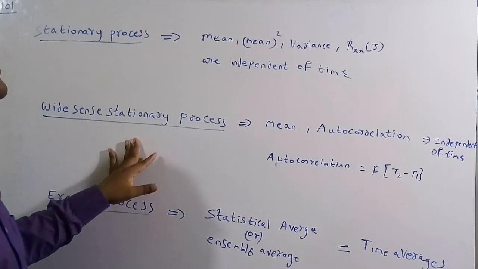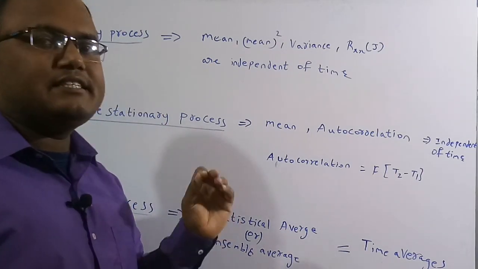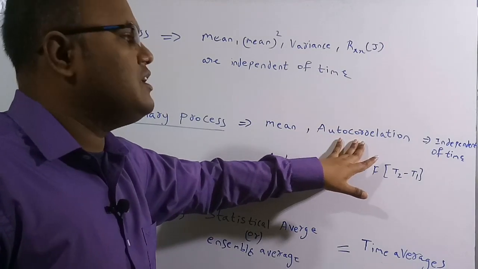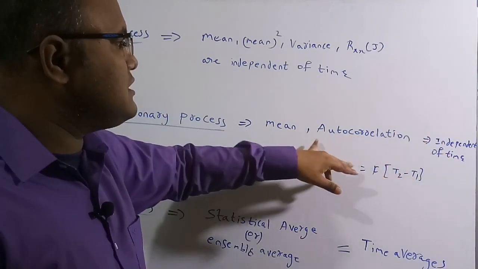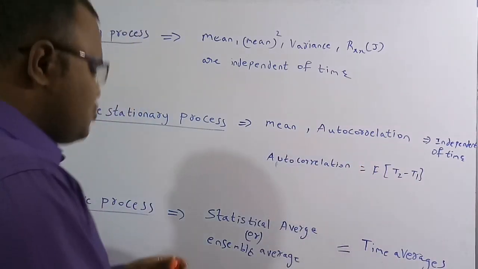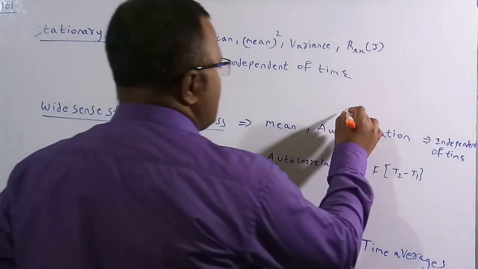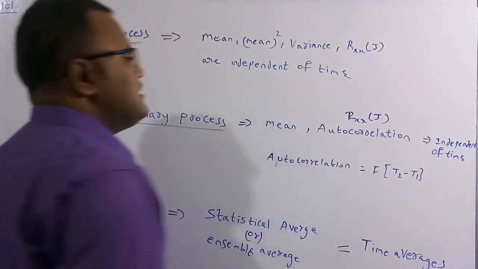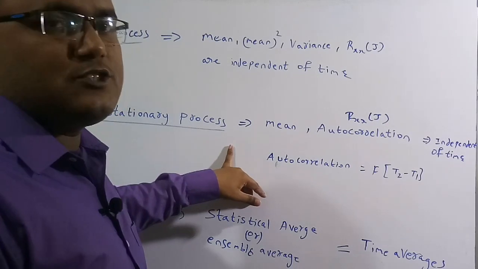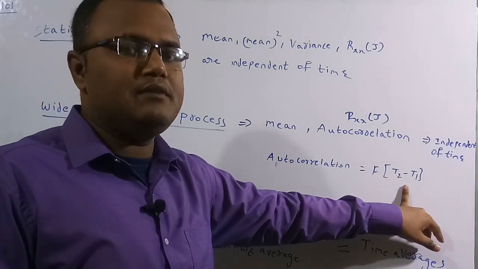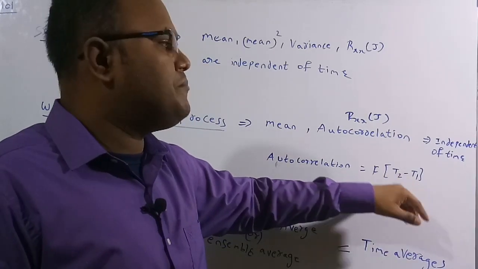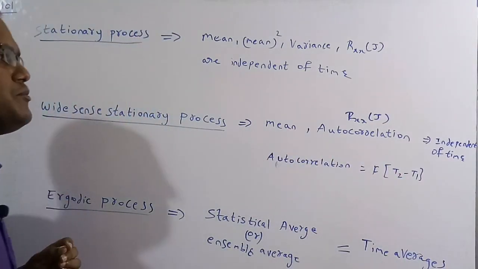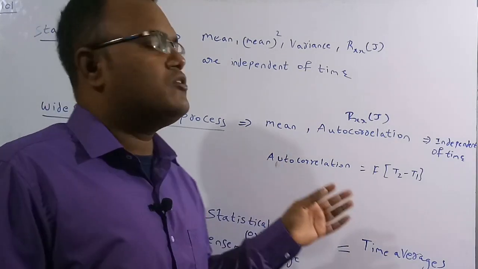Similarly, a random process is said to be a wide sense stationary process whenever the statistical values, the mean and the autocorrelation, are independent of time.